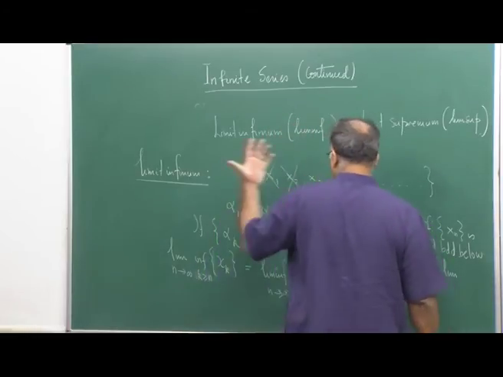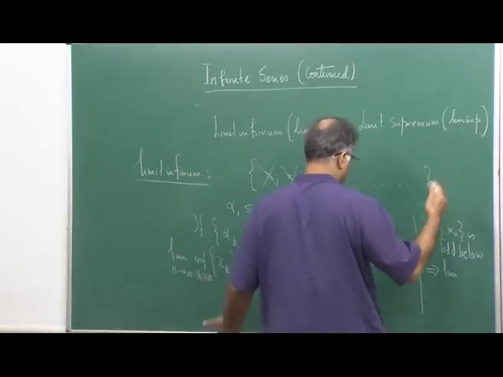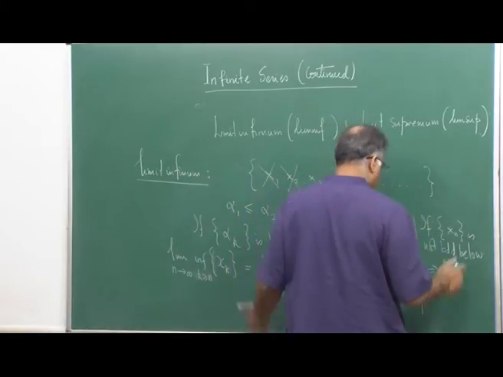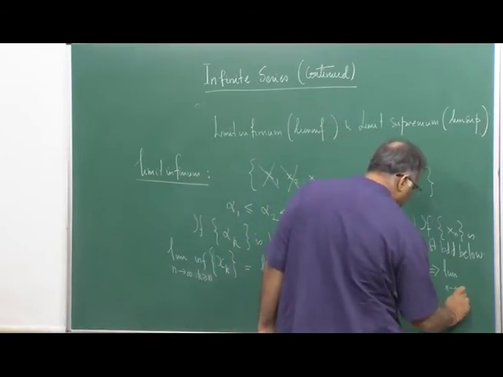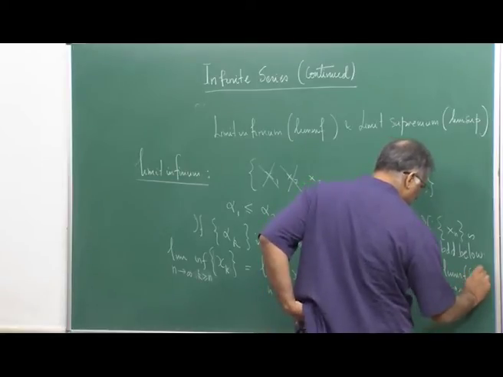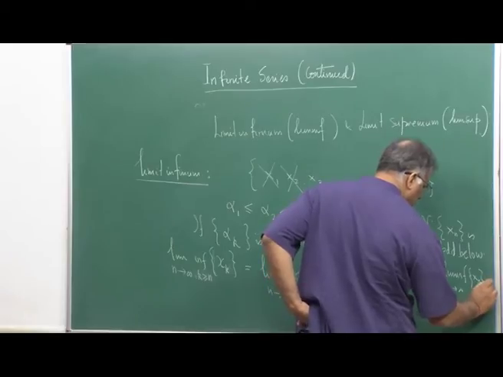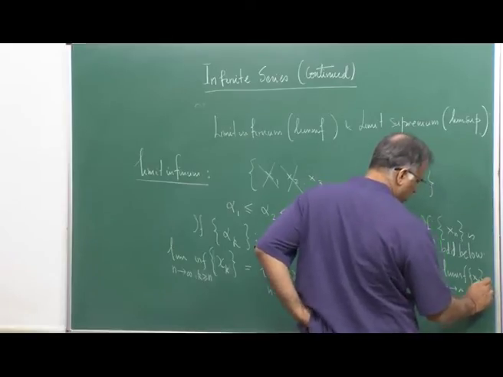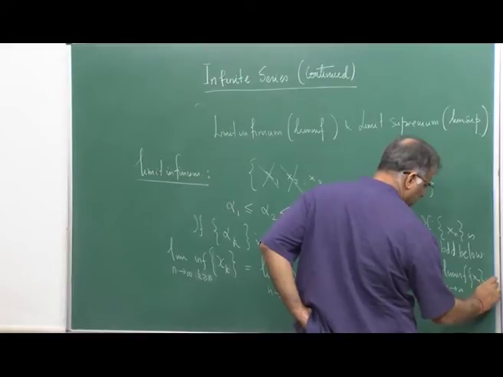So such a thing cannot be bounded, all are the same. So limit n tends to infinity of xn is equal to minus infinity.